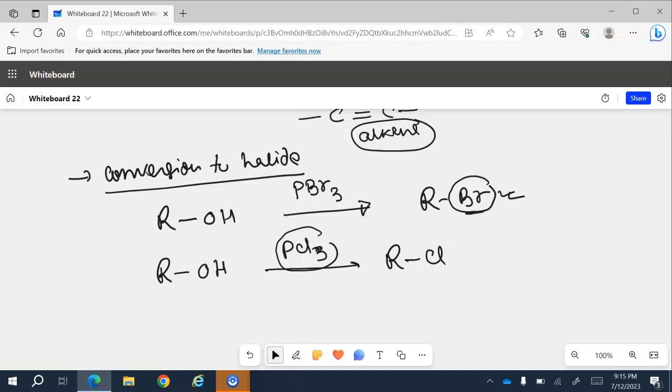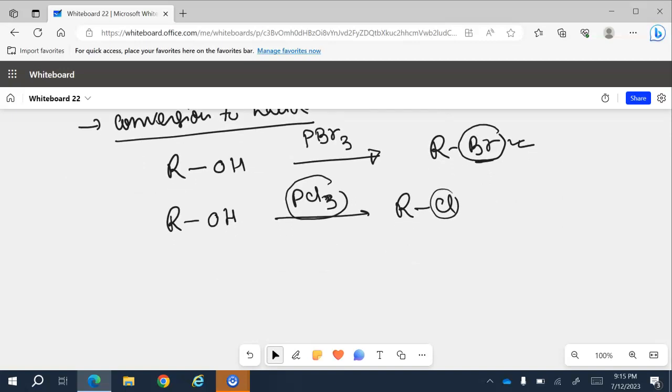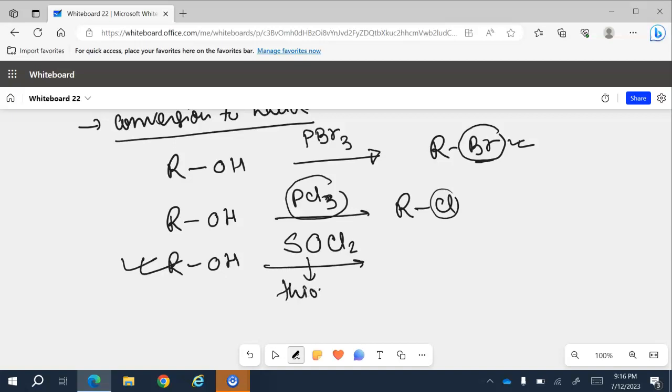To convert into chloride, there is one very nice reagent. I strongly recommend you to memorize this one. It is called SOCl2. That is what we call thionyl chloride. Remember that. Whenever there is sulfur, we call it thionyl. That will very nicely convert into RCl, the alkyl halide with the chloride.